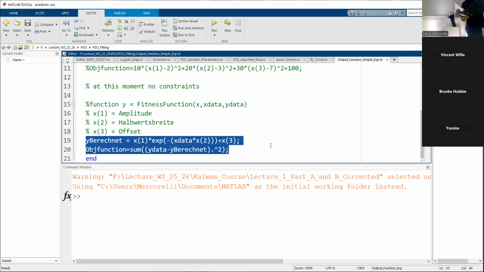The reason for this strange nomenclature is that for parametric identification, we intend the parameters of a dynamical model, of a dynamical system, which basically characterize physically the system. I mean, x1, x2 and x3 are parameters, but not all parameters are physically relevant.